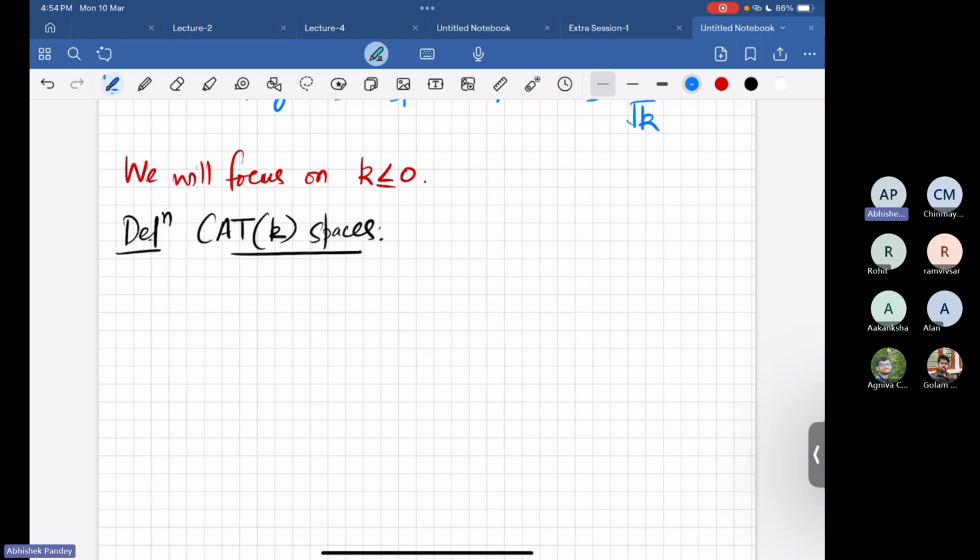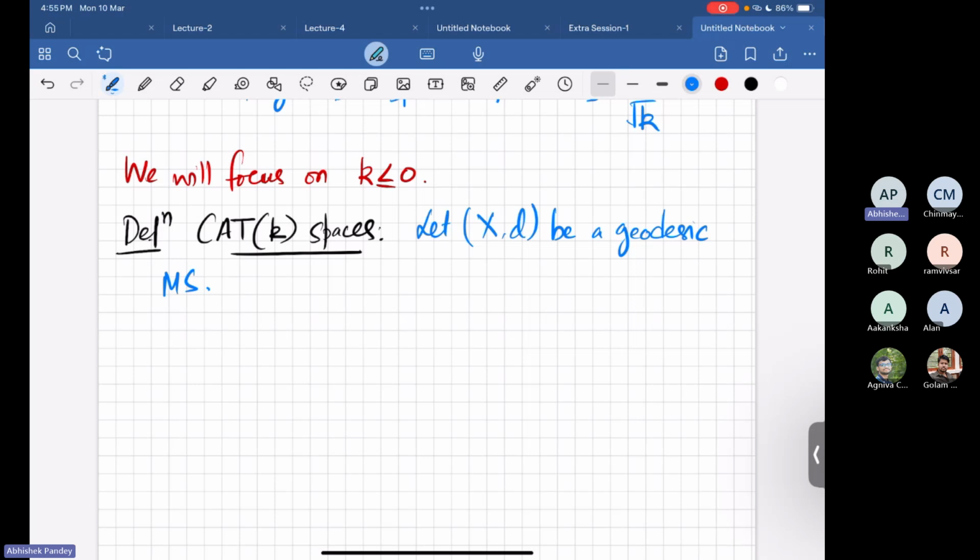Okay, so let (X, d) be a geodesic metric space. Intuitively, if I say that a space X has curvature at most K, where K is less than or equal to 0, what do I mean?